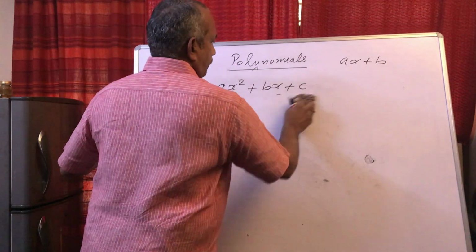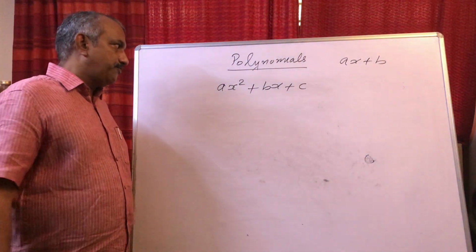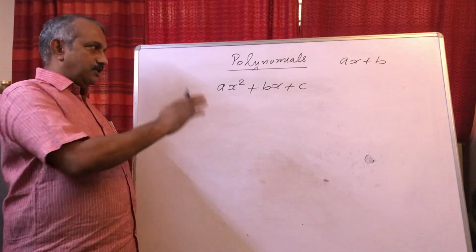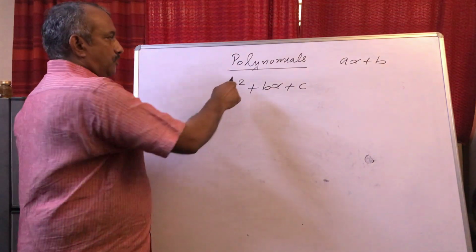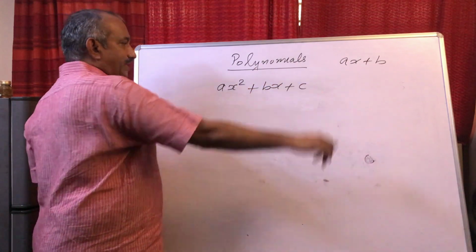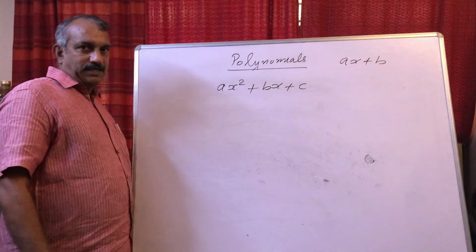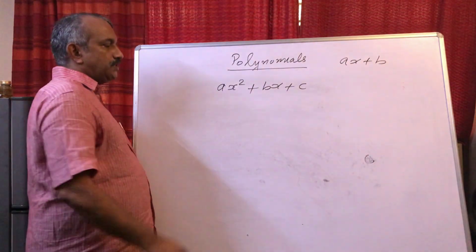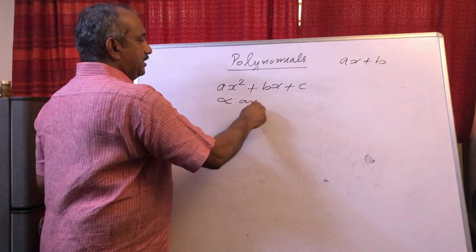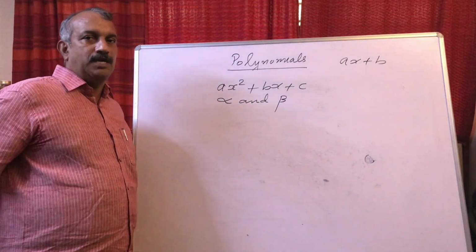Now see what these a, b and c are. a is the coefficient, meaning the number with the square of the variable. Here, numerical coefficients only. So the coefficient of x square is a, the coefficient of x is b, and the numerical coefficient is c, independent. Now the property says that if alpha and beta are the two zeros of this quadratic polynomial.